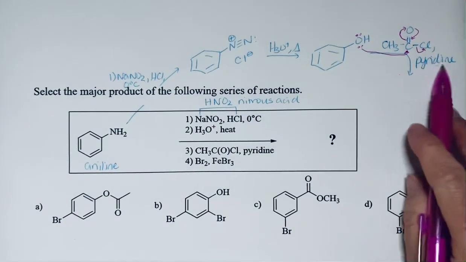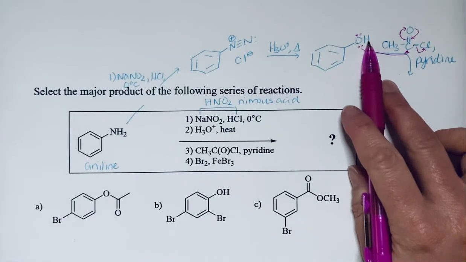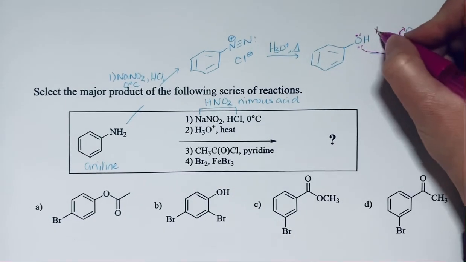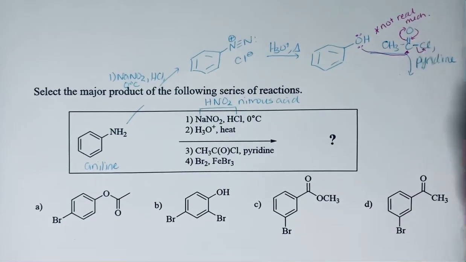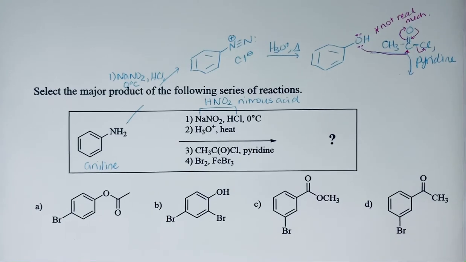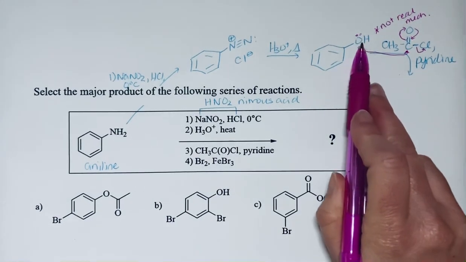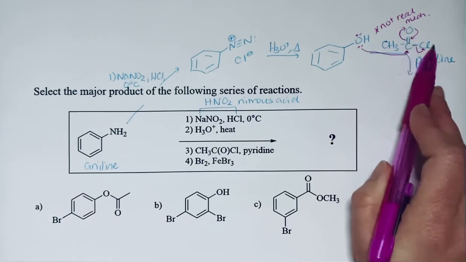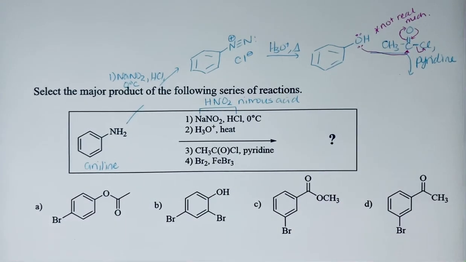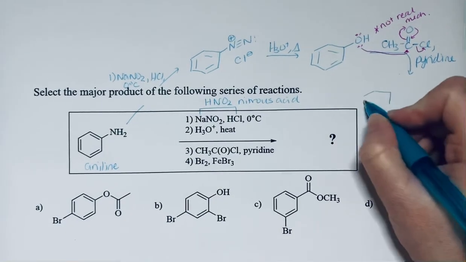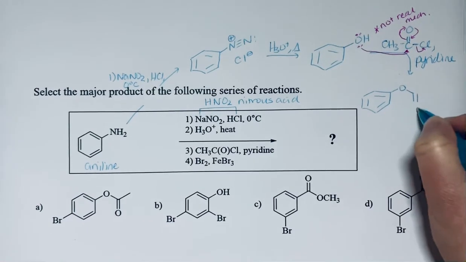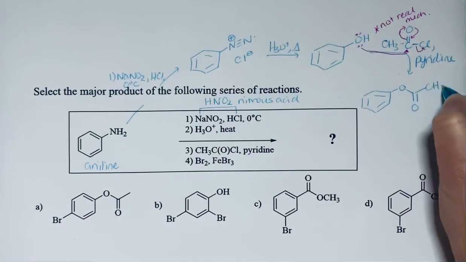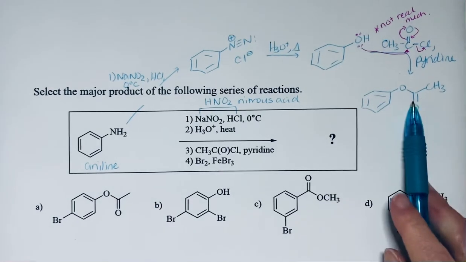And at some stage in there, the pyridine would be removing this hydrogen. So this is not the full mechanism. So we're going to put the disclaimer that this is not the real mechanism, but it's enough to get us to the product. And that's a handy thing to be able to draw. So we're forming a bond between this oxygen and the carbonyl. We've lost the chlorine, and we still have the methyl group. So we've taken and made an ester is what we've done here. So now we've got an ester on the ring.